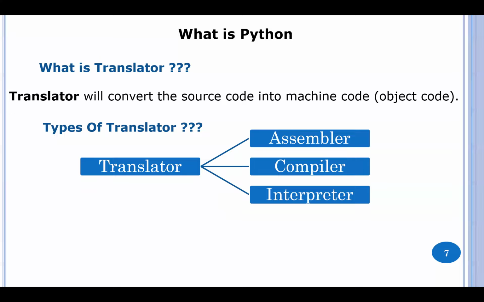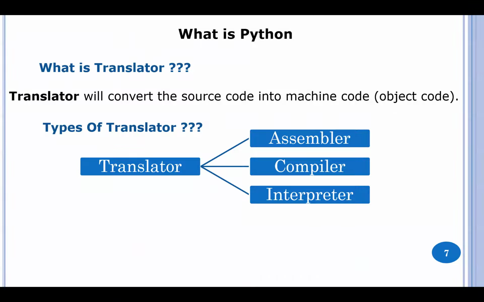And now you know, if any language is the interpreter based language, it means when the interpreter starts translating, whatever the lines are correct, that output we will get, and where we get the error, after that we will not get output. But in case of the compiler, if in the entire program any one error is there, then the complete program will fail, we will not get any output.